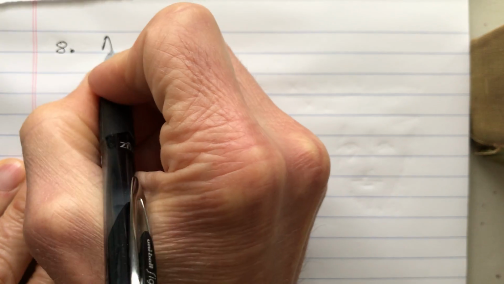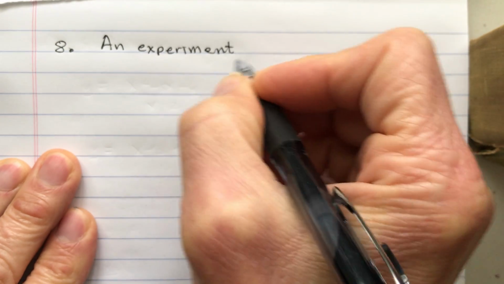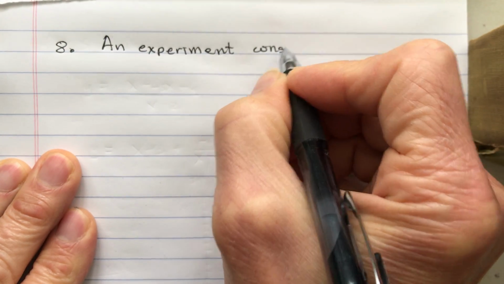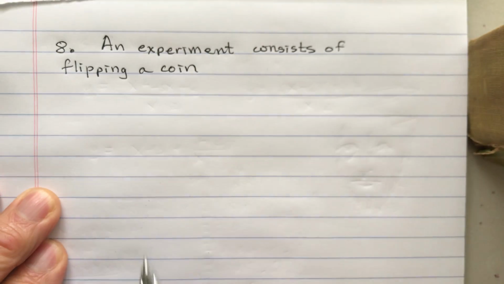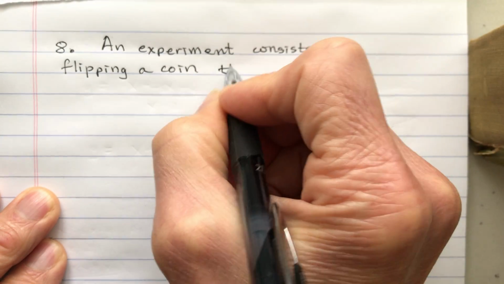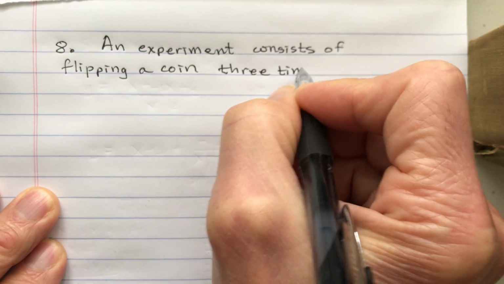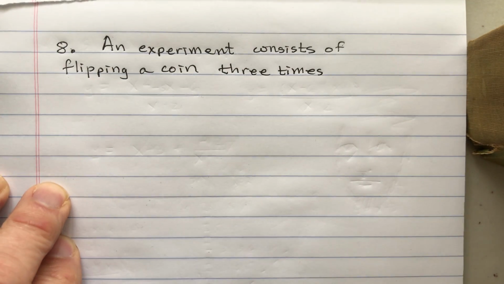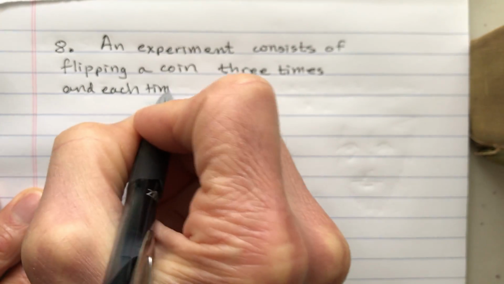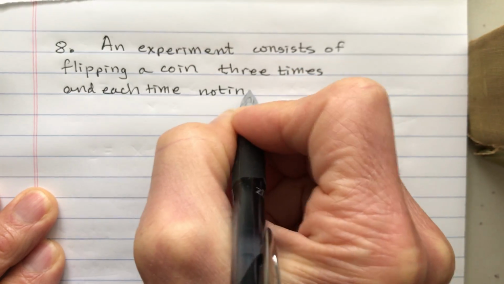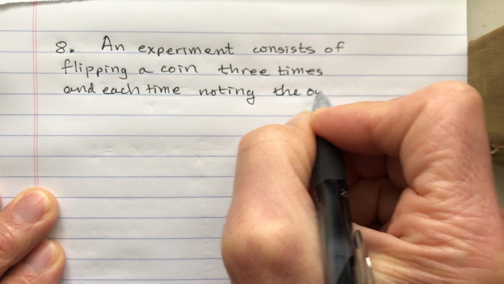An experiment consists of flipping a coin three times, and each time noting the outcome.